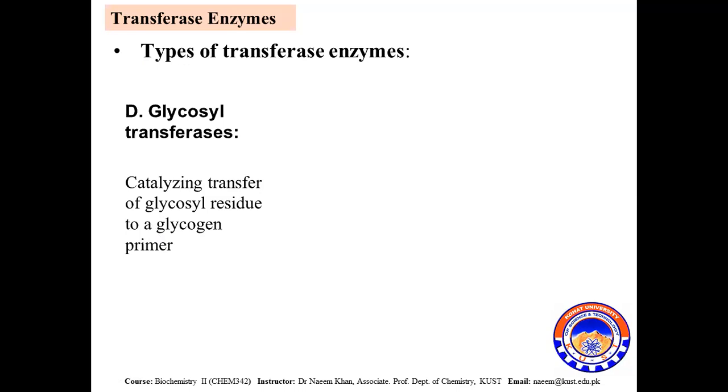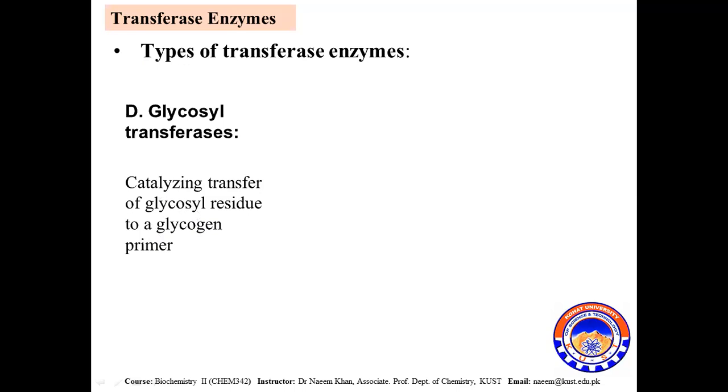If all the stored glycogen is consumed, then the protein serine OH will be used. But anyway, there is a residue of glycogen remaining, known as the primer, which is used for the linking of glucose.